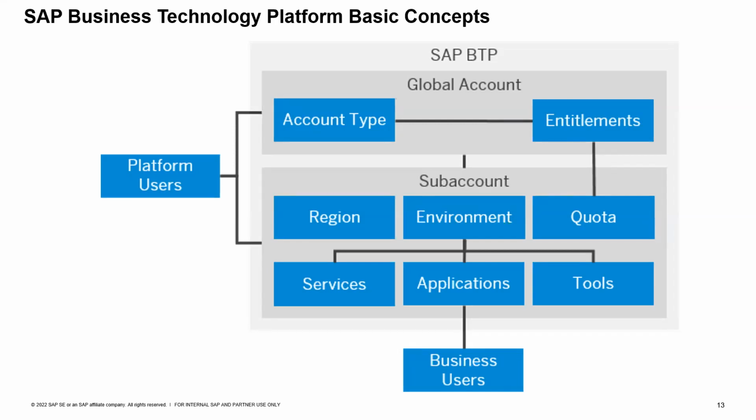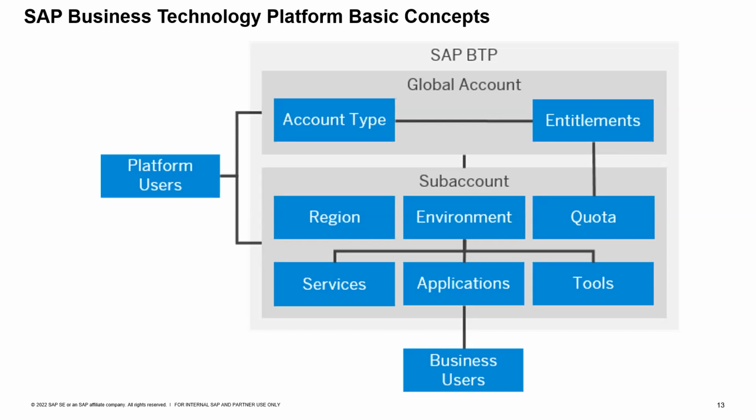Then we have region. You can deploy applications in different regions. Each region represents a geographical location, for example, Europe or US East. So a region is where the application data or services are basically hosted. Then we have services.